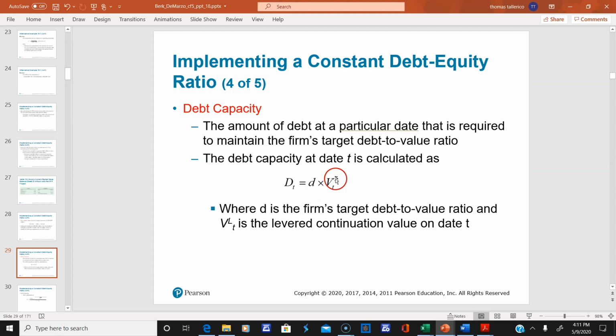The levered value of a project times the debt-to-value ratio, right? And that gives you the debt capacity. So here's the debt-to-value ratio, and that will give you the debt capacity right there. So it's a real simple equation.